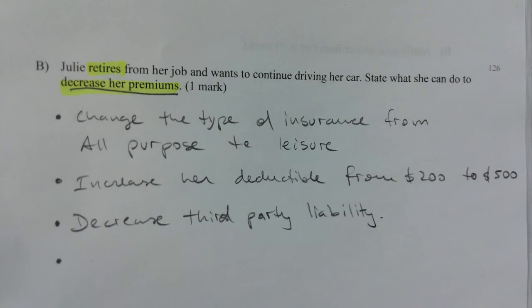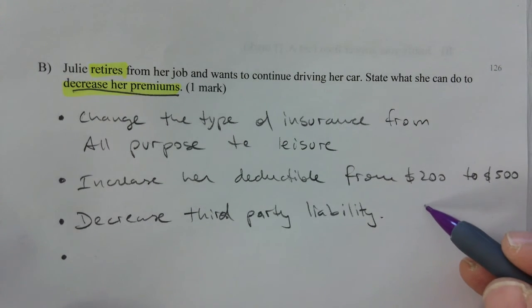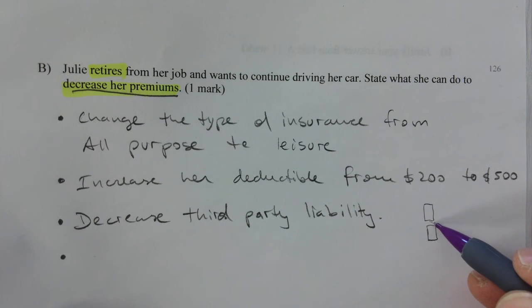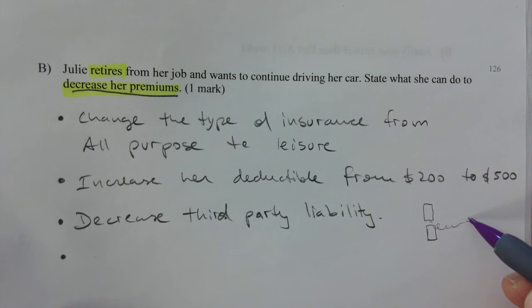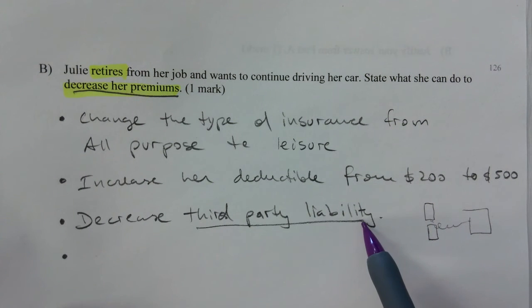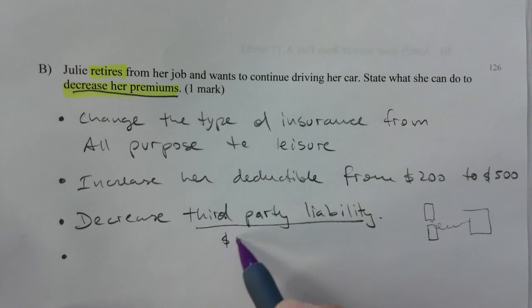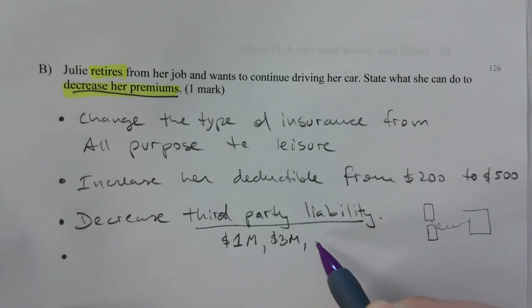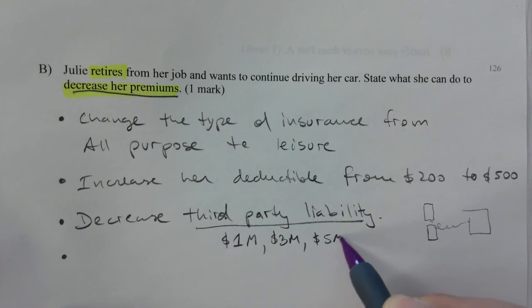Third-party liabilities. If you and another person, like two cars, collide and you spin into a store and smash their window and damage other people standing by, all of those costs would be included under third-party liability. I think the minimum is 1 million, then 3 million, and up to 5 million.